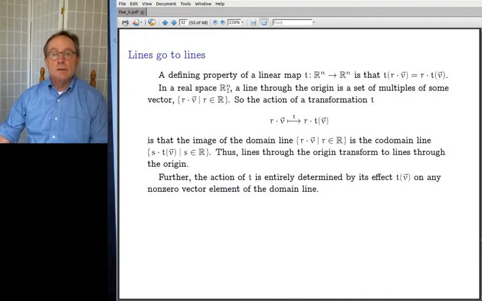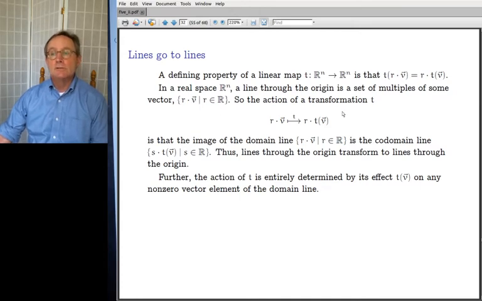In real n-space, Rn, a line through the origin is the set of multiples of some vector. So when I'm looking at rv, I'm thinking to myself, well, if I let r vary over all possible real numbers or complex numbers here, then I'm looking at a line through the origin.